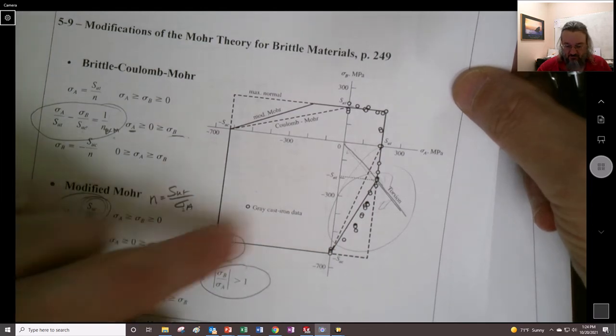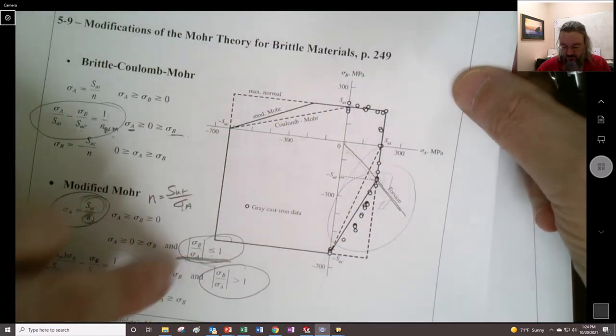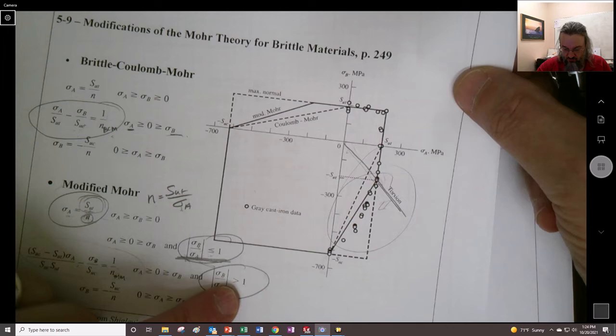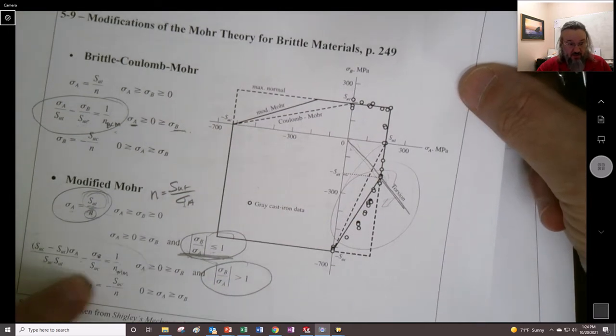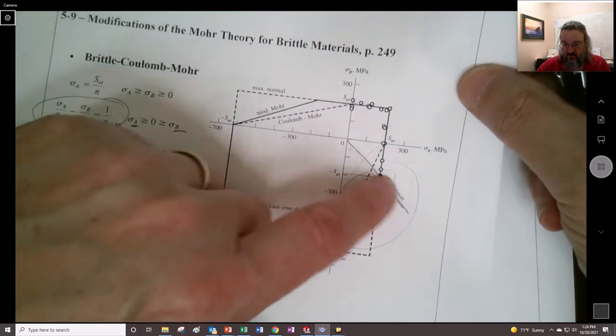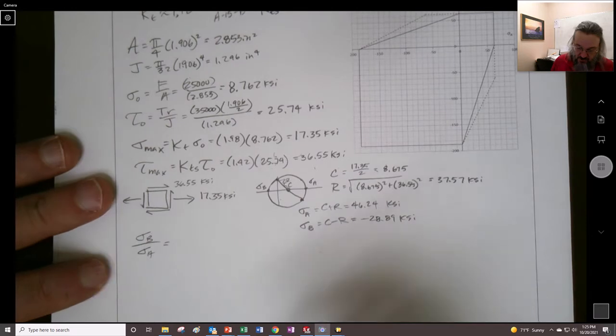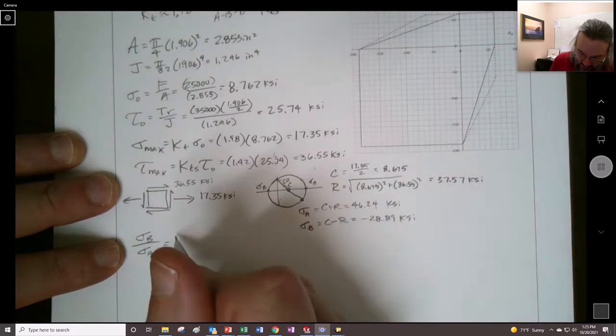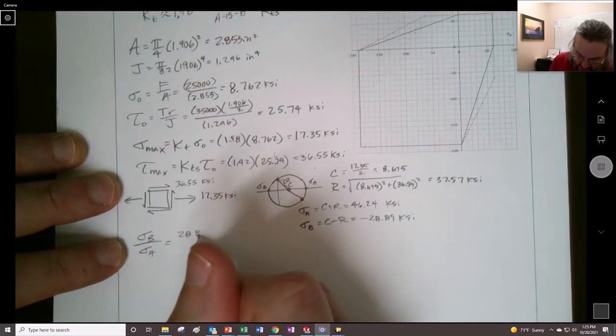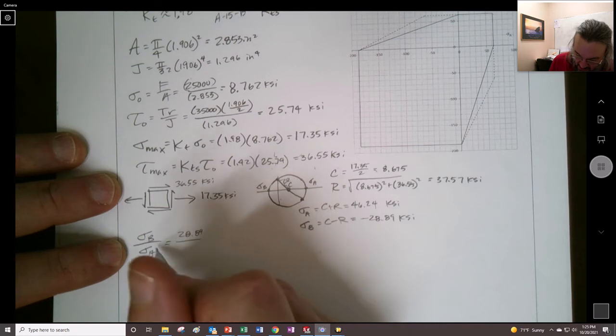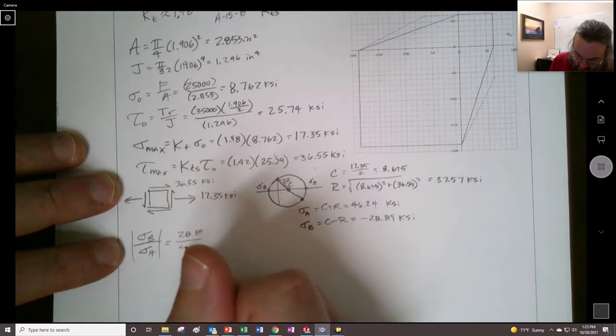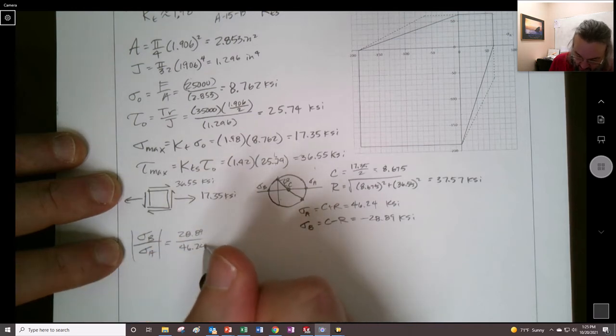But if the value of B over A is greater than 1, then we use that, because that means that it's down here in this range. So that's something to check, and we can see that we have 28.89 divided by, and this is absolute value, 46.24.